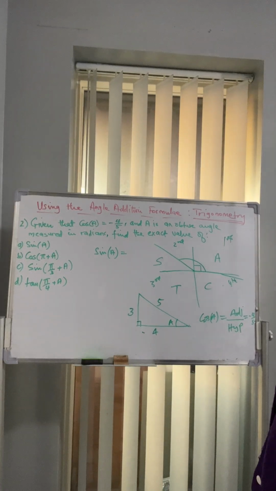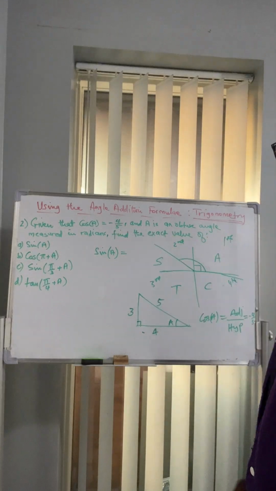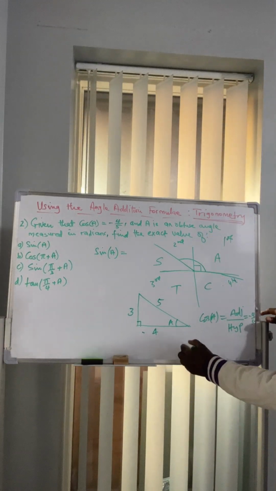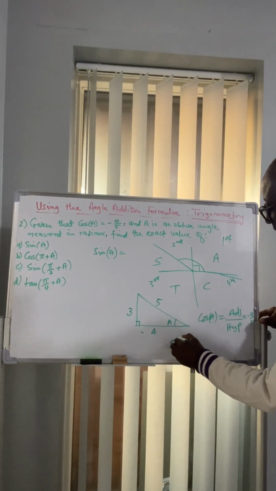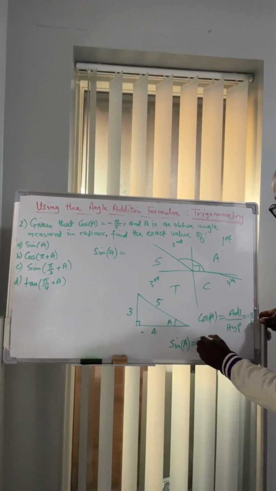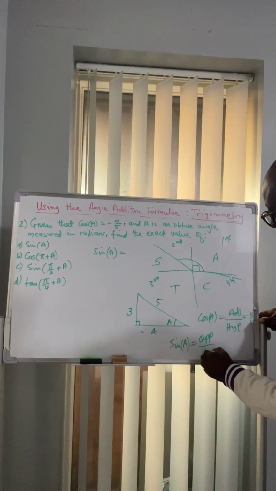But now they want you to find the sine of A, not the cosine of A. We know sine of an angle, sine A, is the opposite side over the hypotenuse side.